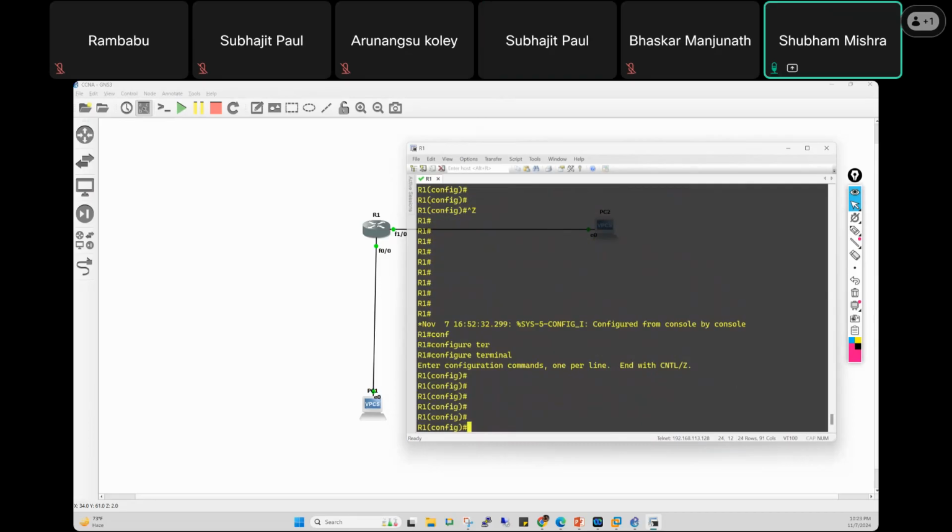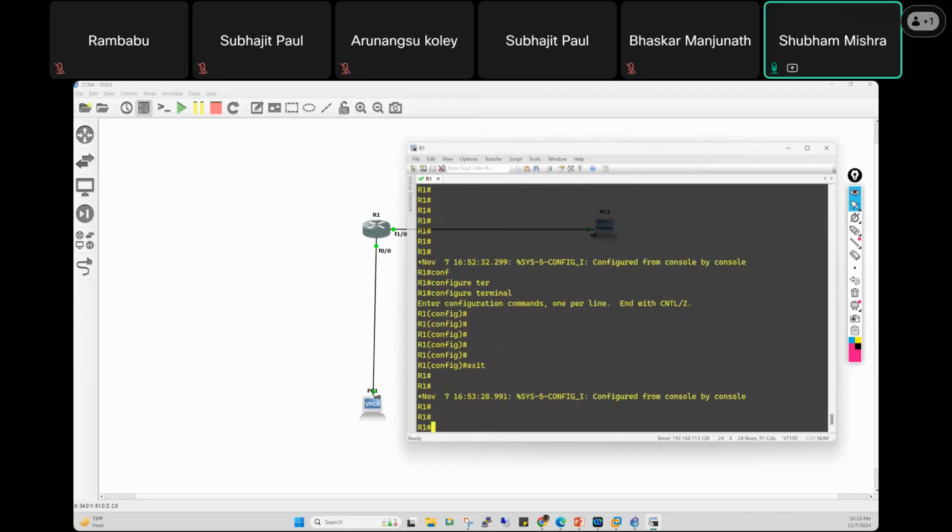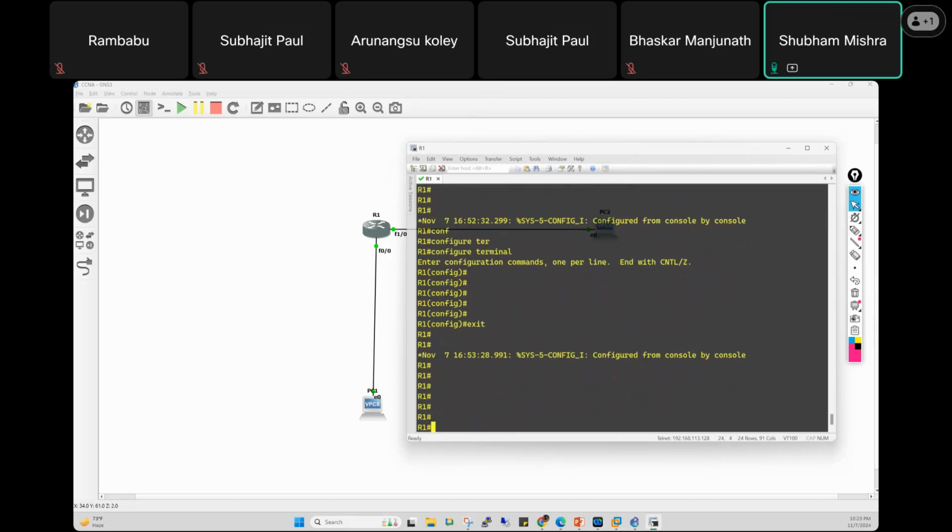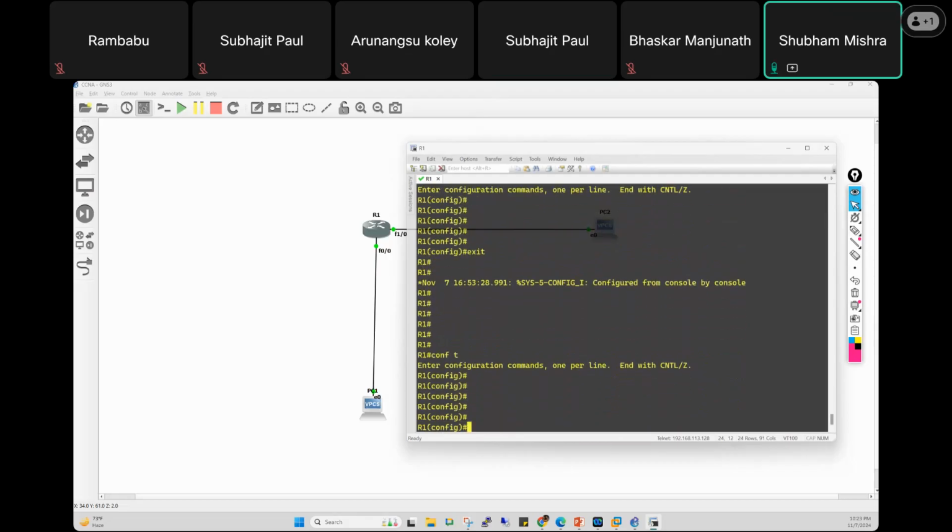Now the next thing: right now we are in which mode? Global configuration mode. If anyone asks you to go back to privilege mode, how can you go back? Either you can write exit. See, when I write exit, we are in which mode? Privilege mode again. Again, I write conf T. I am in which mode? Global configuration mode.